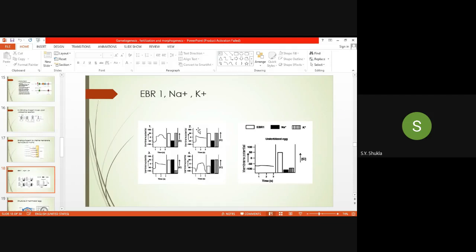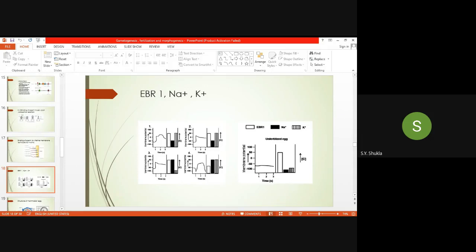We are going to study the first, second, third, and fourth graph, and all of you can also think about which graph is correct for the fertilized egg. In the unfertilized egg, it is thought to be like this.